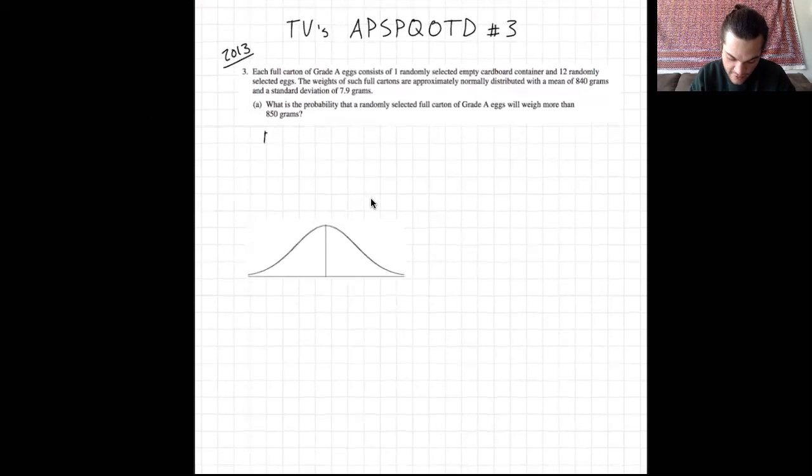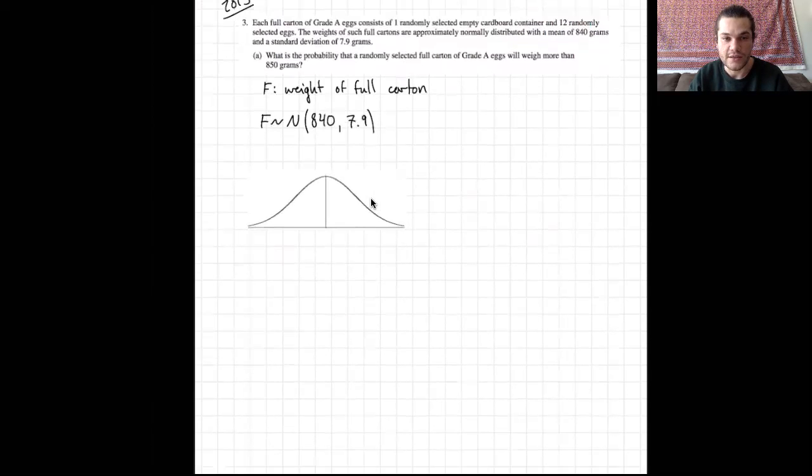So if F is the weight of a full carton, that means that F is normally distributed with a mean of 840 and a standard deviation of 7.9, which we can draw down here, 840. And then I always like to mark a standard deviation on both sides. So the standard deviation is about 8. So I'm going to call this 848 and this 832.